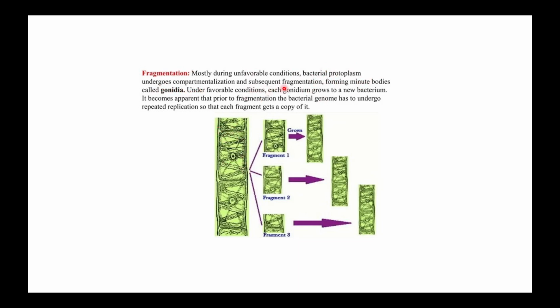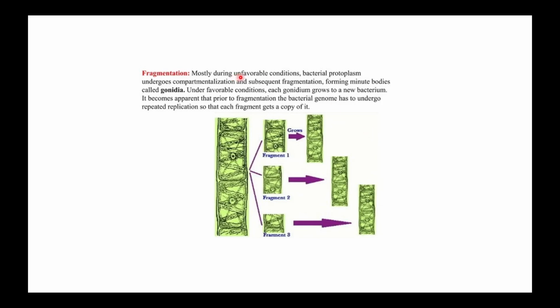Subsequent fragments are formed, which are minute bodies on their own, called gonidia. And when favorable conditions for the bacterium return, each gonidium grows into a new bacterium. So it becomes apparent that prior to fragmentation, the bacterial genome has to undergo repeated replication so that each fragment gets a copy of it.